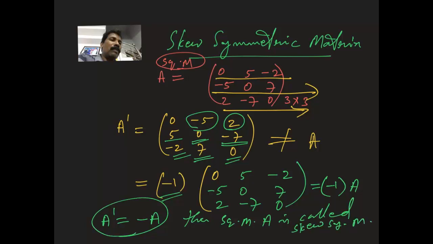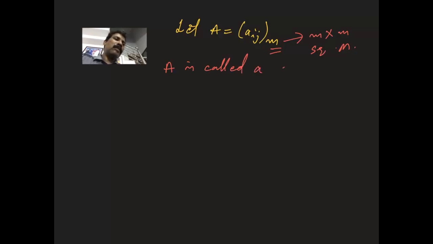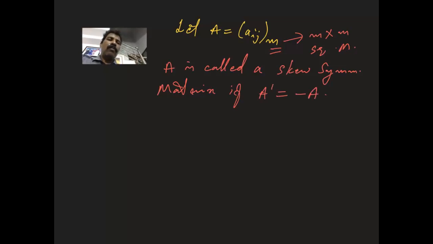Skew symmetric matrix. Let capital A is equal to Aij, a square matrix of order m. Whenever we write m alone, its meaning is m by m, means a square matrix. Now, capital A is called a skew symmetric matrix if A dash is equal to negative A. What do you mean by that?